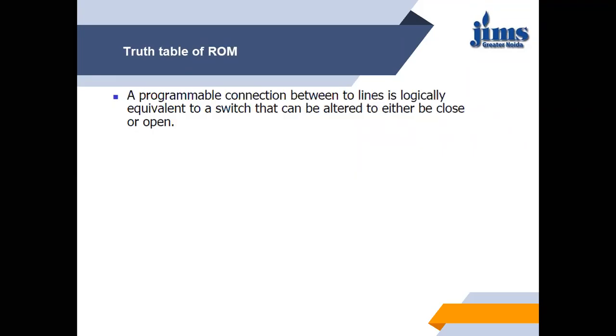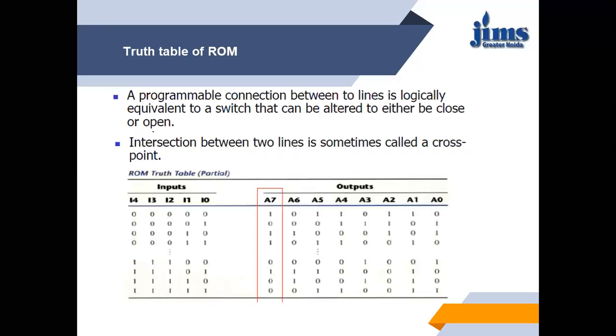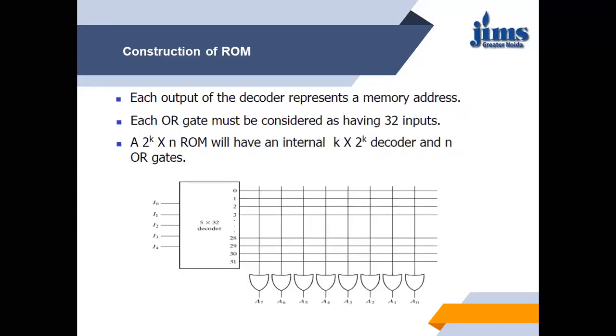Now a programmable connection between two lines is logically equivalent to a switch that can be altered to be either closed or open. An intersection between two lines is sometimes called a cross point. Here we can see these are called cross points.